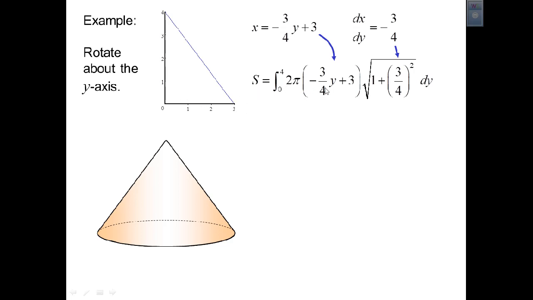So rotating around the y-axis, we're taking small pieces here. Remember, our radius, we're rotating around this, so this is what we have to integrate with respect to. So we end up with the integral from 0 to 4 of 2 pi times the x value times the square root of 1 plus dx dy squared times dy.